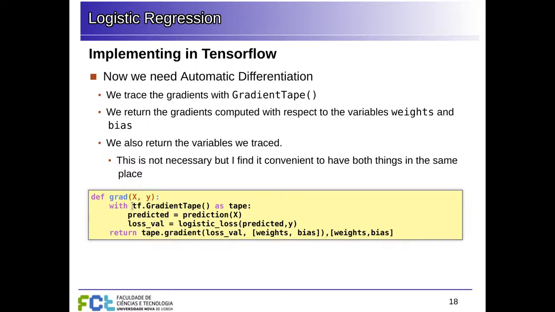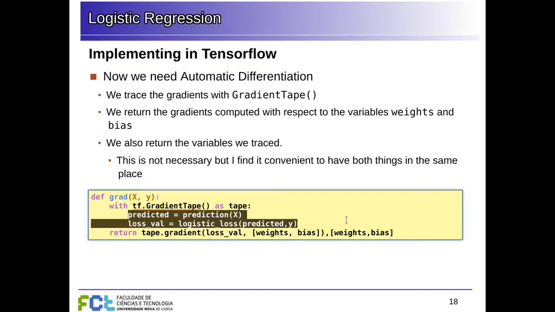And we're going to get the gradients by using this gradient tape object in TensorFlow. What we do is create a context for this tape object using this with construct, creating a new object of this class that we call tape. And inside this context, we're going to run all the computations.